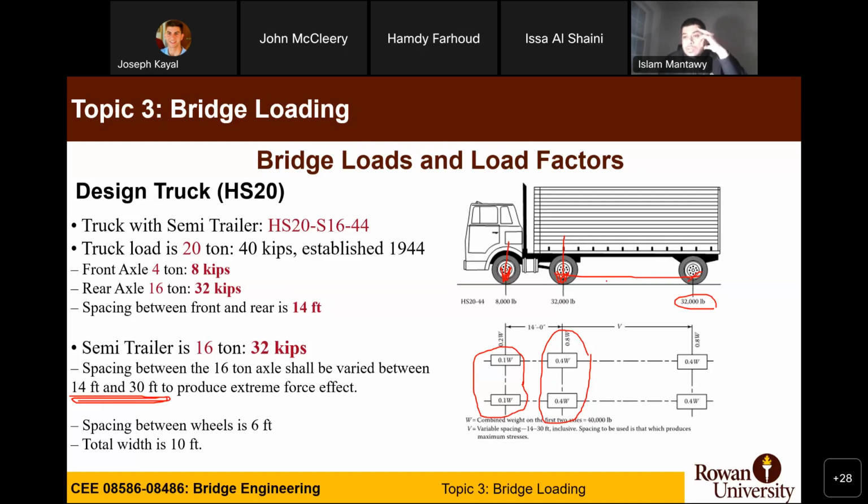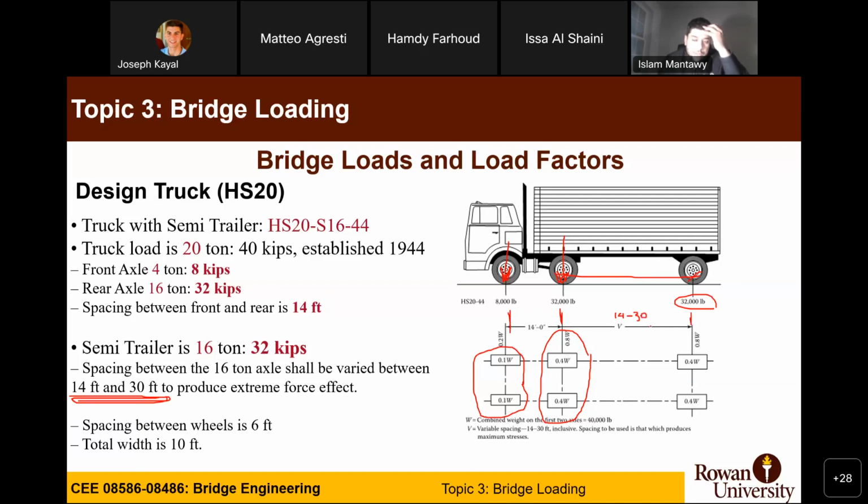This is good. Matthew, so we have the axle distance are 14 for the first two axles, and the last two, the second and third, are between 14 and 30, correct?